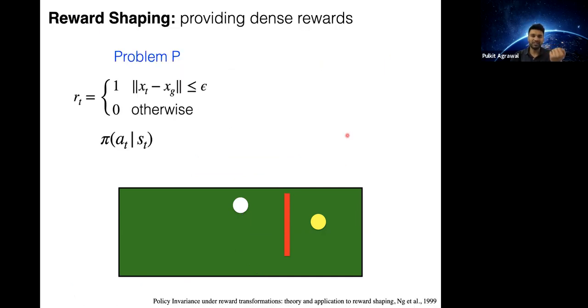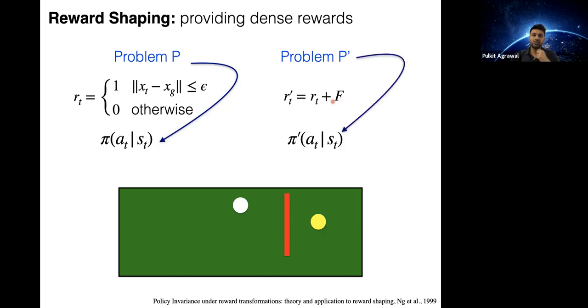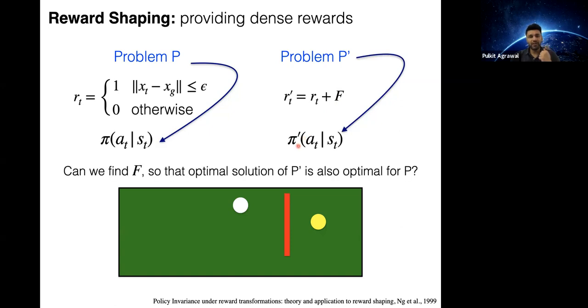So let's try to formalize this. Suppose I have this problem, P, which is defined as we have been discussing, and we are learning a policy which solves problem P. Now, can I define a problem P prime with a modified reward function where I'm going to add this term F to my reward, so that if I learn a new policy pi prime, my pi prime and pi have the same optimal solution?